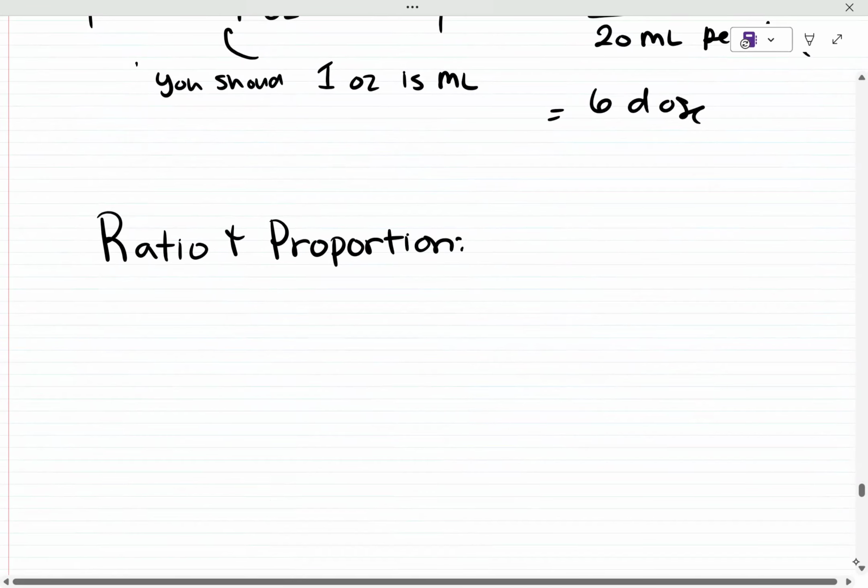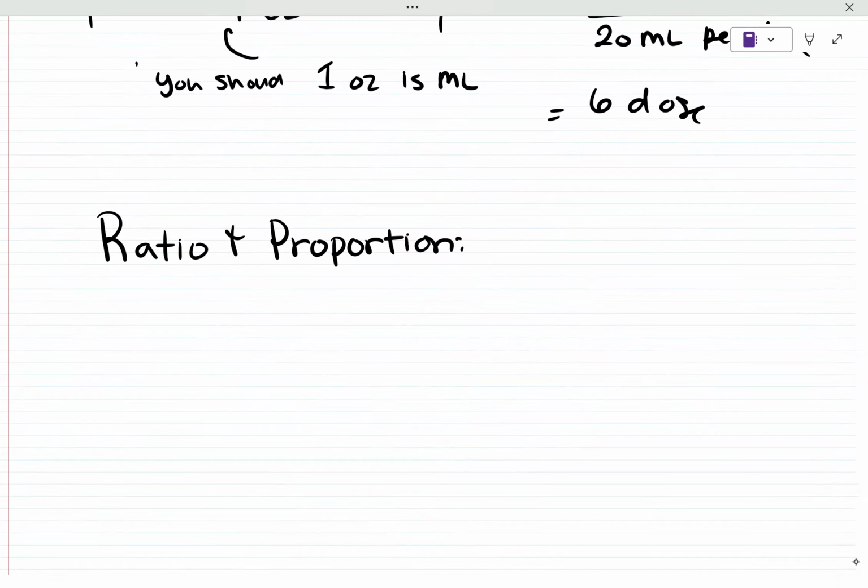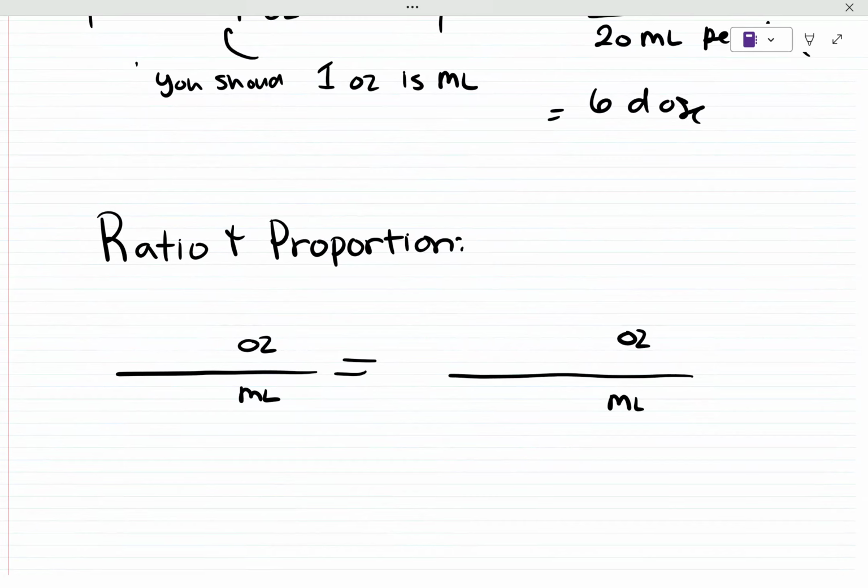Okay, ratio and proportion. Write out the fraction: ounces on top, milliliters on the bottom. We know that for 1 ounce, there's 30 milliliters, and for 4 ounces, we want to know how many milliliters.